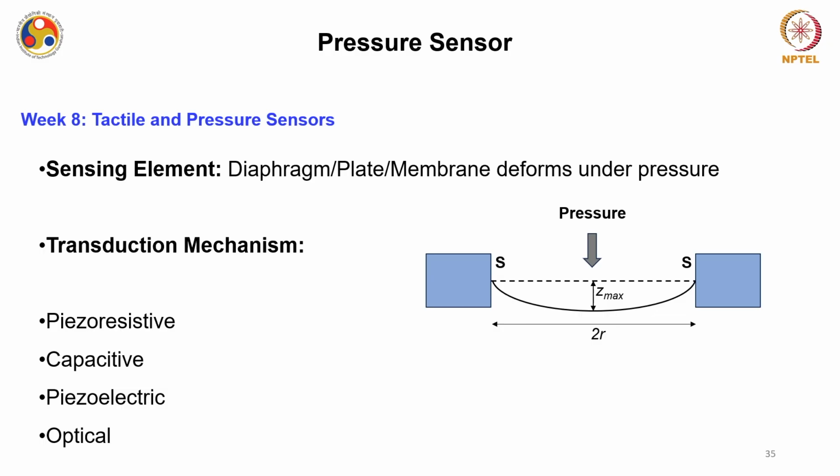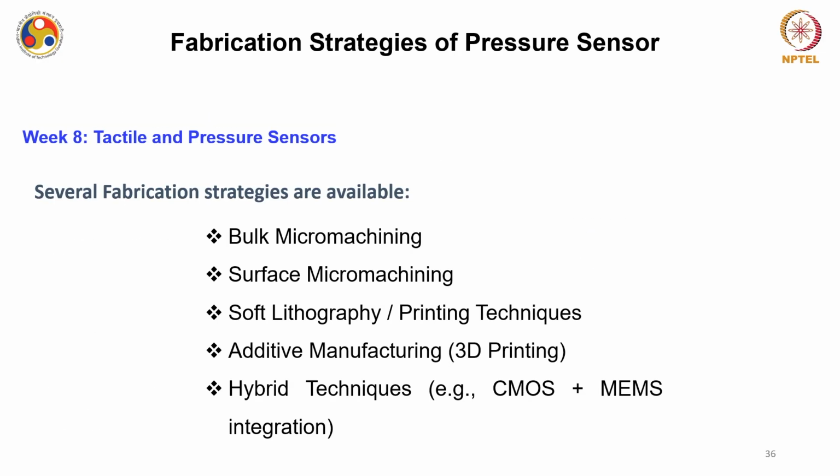There were different sensing elements with a known area, based on diaphragm, plate, and also membranes. These membranes, plates or diaphragms deform under the pressure, and for a known area the pressure can be calculated. The transduction mechanisms we have seen were piezoresistive, capacitive, piezoelectric, and optical.